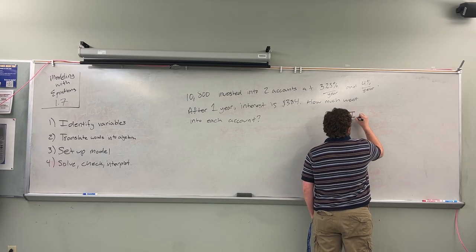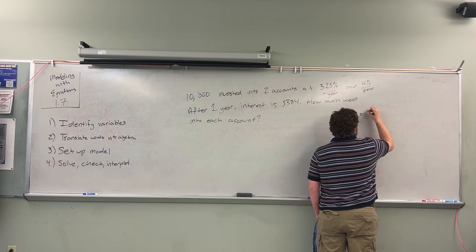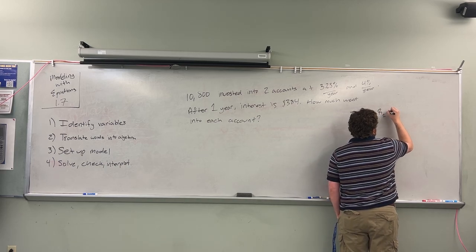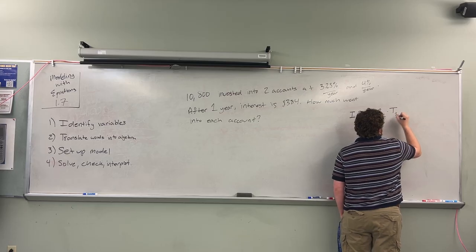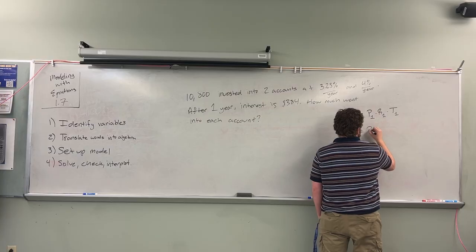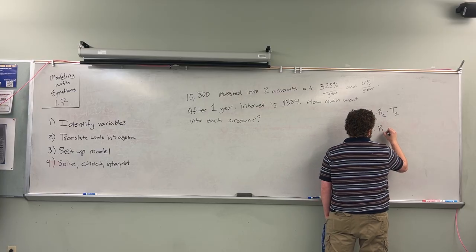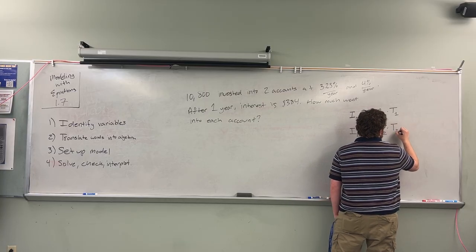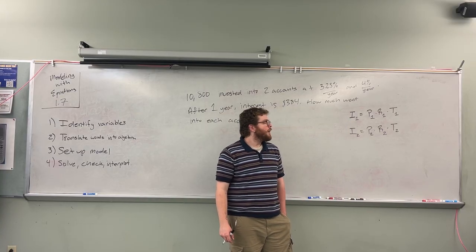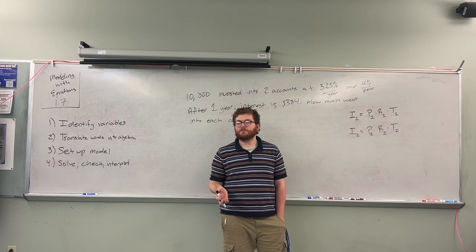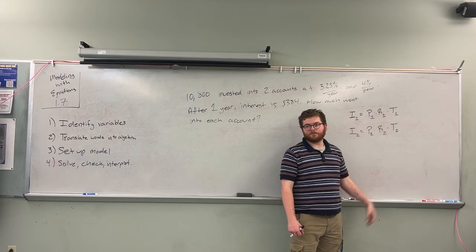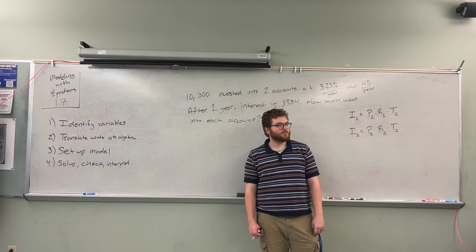I'm going to call one interest 1, which is the principal in the first account, times the rate in the first account, times the time of the first account, and interest 2, which is the principal in the second account, times the rate of the second account, and the time in the second account. I'm already given a lot of this information though. I'm given both of the rates, and I'm given the time. The time was just 1 year, so I'm just multiplying by 1 there.